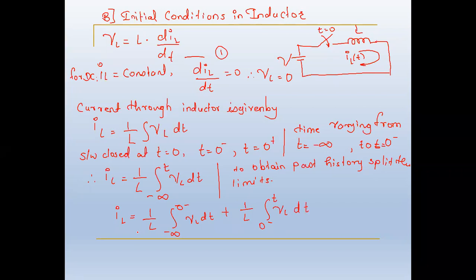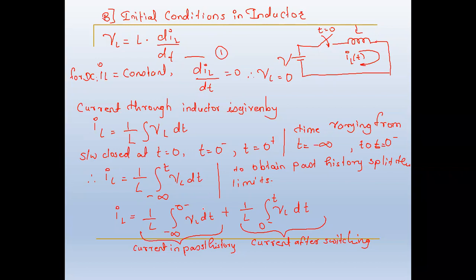What do these two terms indicate? The first indicates the current in past history, and this term indicates the current after switching. Are you getting my point?